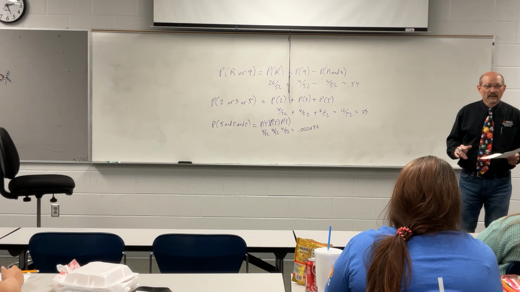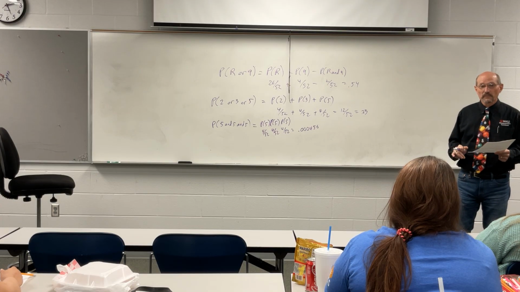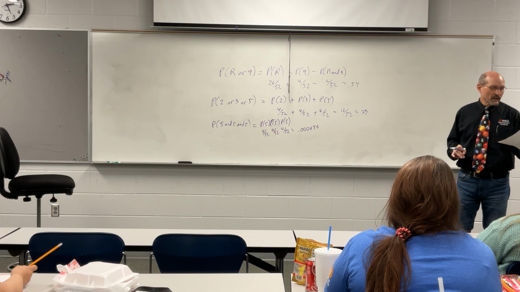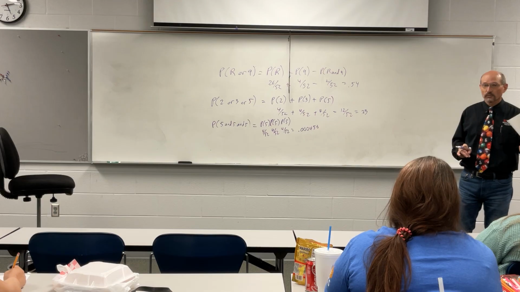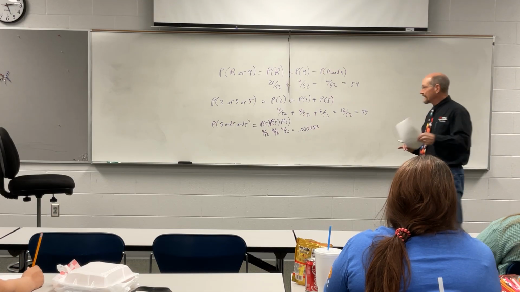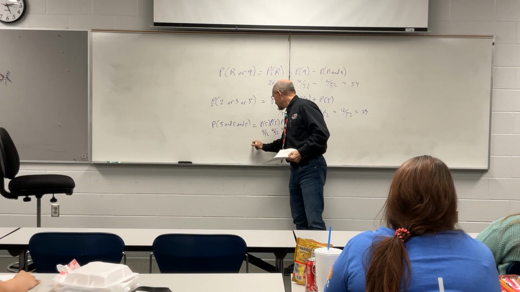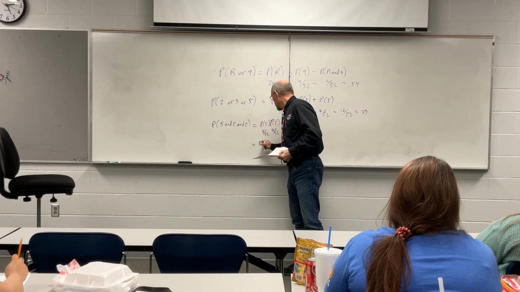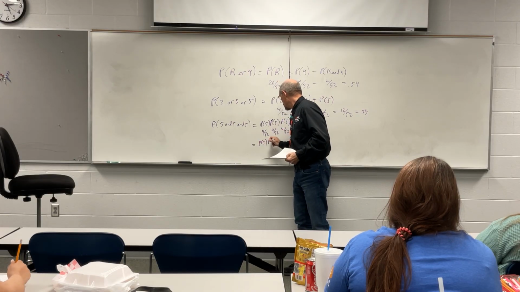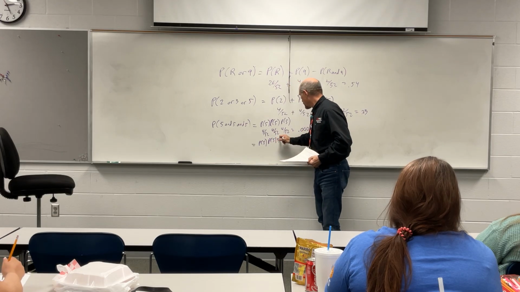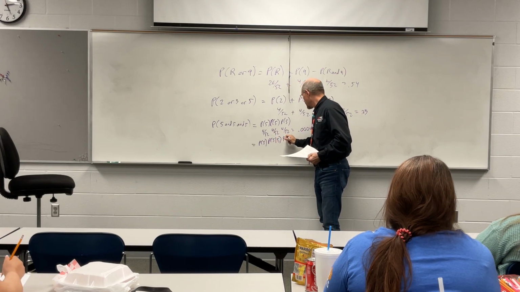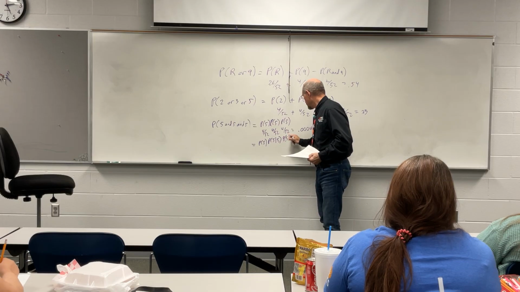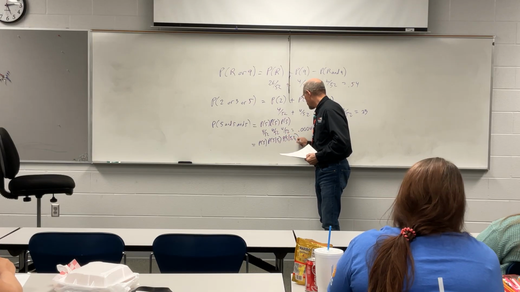Notice how that problem is different from the one directly underneath it. Three 5s in 3 draws without replacement. That means our events are not independent, which means the probability of drawing a 5 times the probability of drawing a 5 given you had a 5 on the first draw, times the probability of a 5 given you had a 5 on the first draw and a 5 on the second draw.